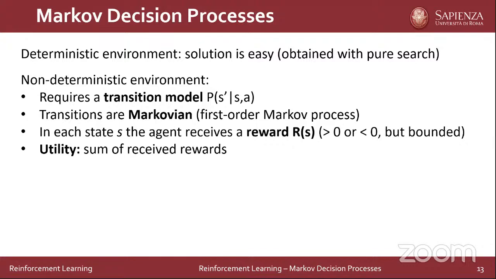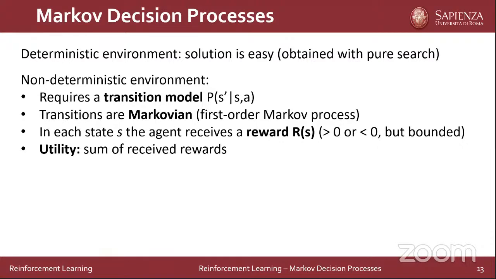This is exactly what you have in Markov decision processes, except that, as I mentioned, the transition model is non-deterministic, the transitions are Markovian, first order Markov, the state is fully observable by the agent, and this reward that we get can be greater or smaller than zero, but generally is bounded, so it will never be an infinite value or some big oscillation of values.